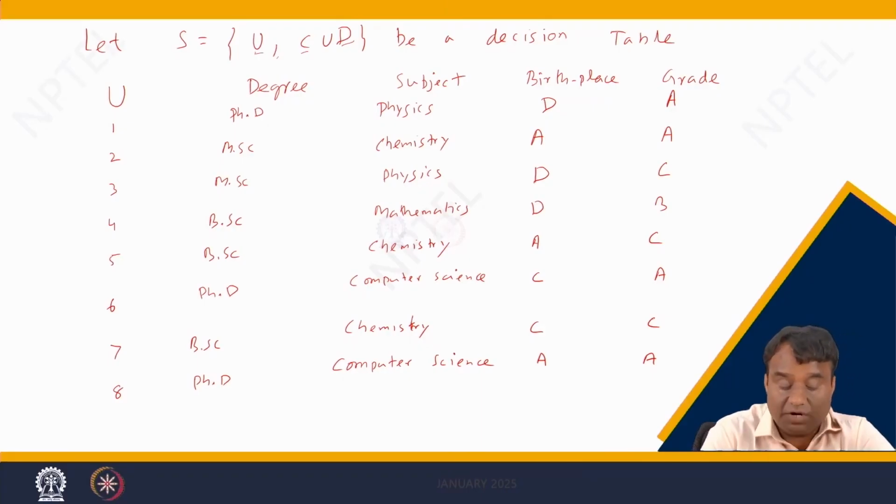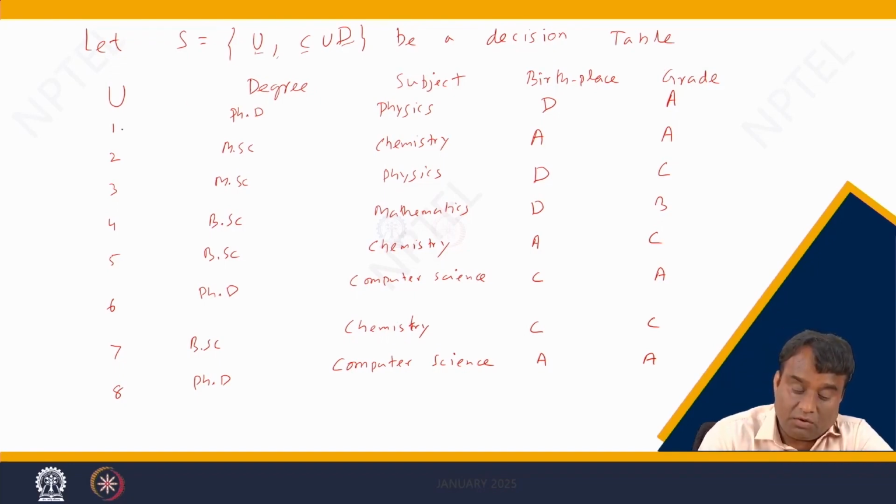Now try to understand one more example. Let U be the set of objects, that is U1, U2, U3, U4, U5, 6, 7, 8, and here the attributes are degree, subject, birthplace, and D is the decision attribute, which is grade.